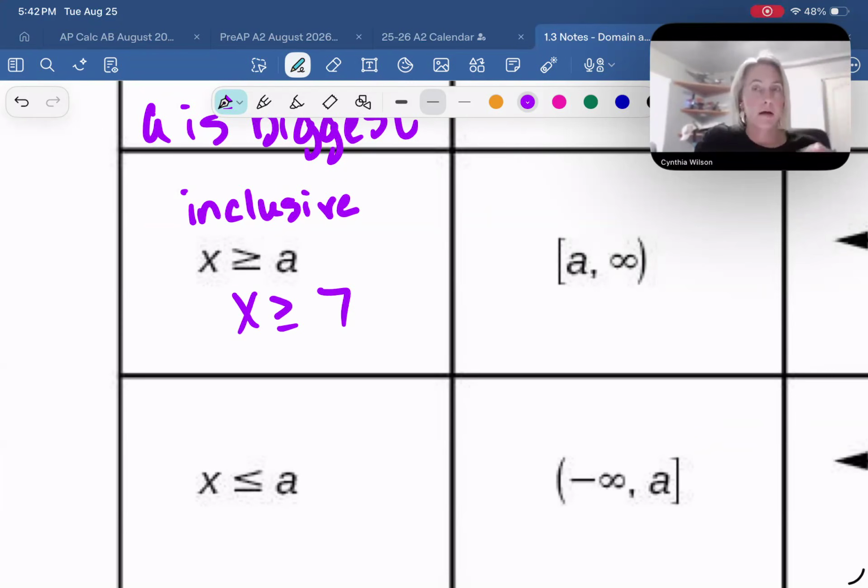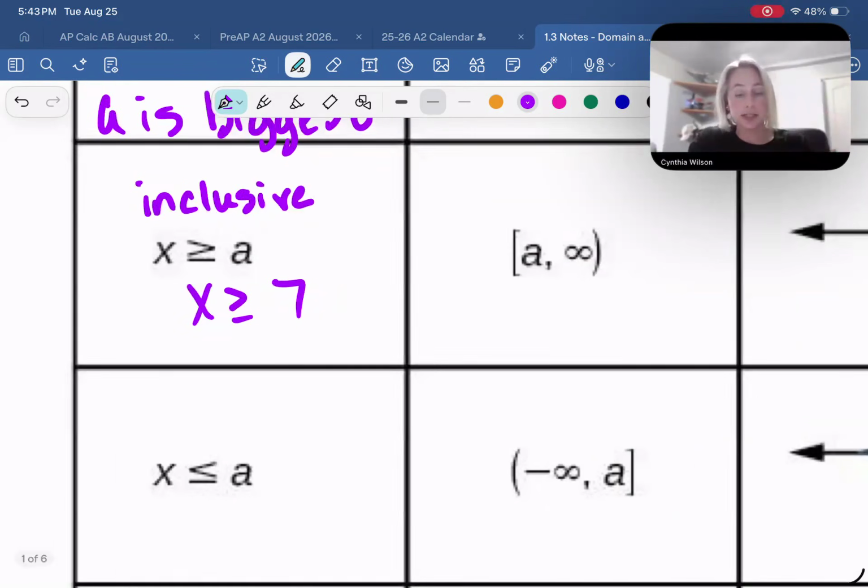Okay. Is 7 greater than or equal to 7? Yeah, it's that equal part of it. So 7 falls inside the answer, right? That's why it's called inclusive. 7 is part of your answer.